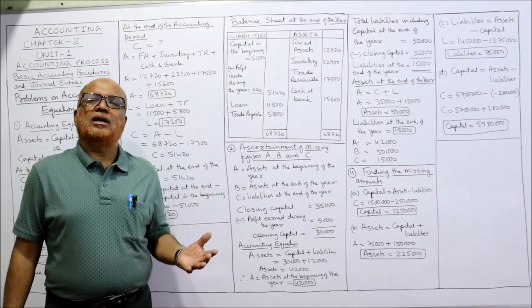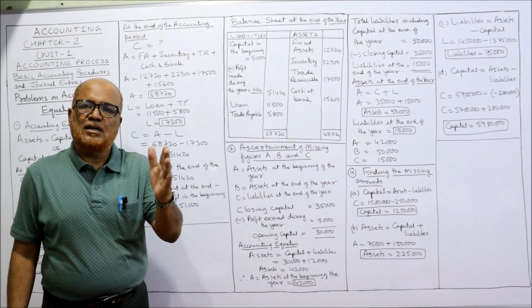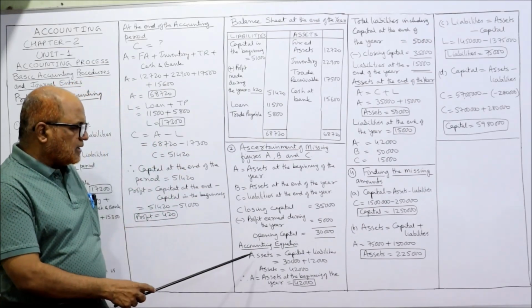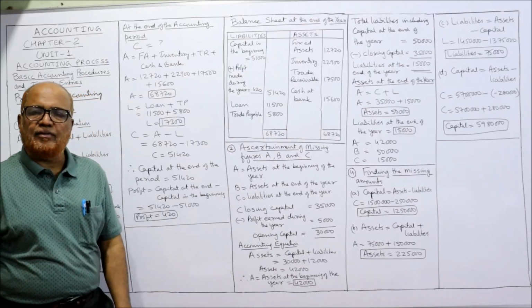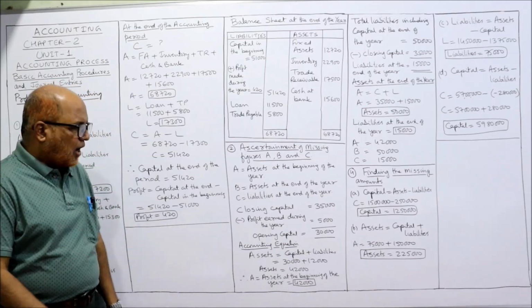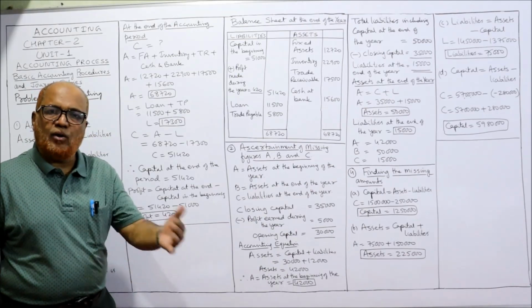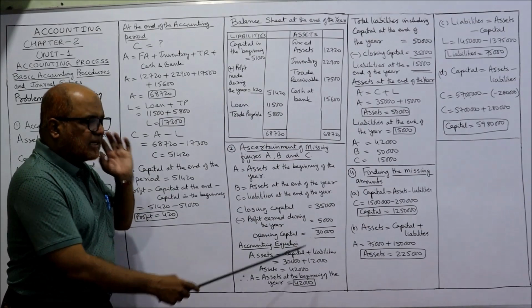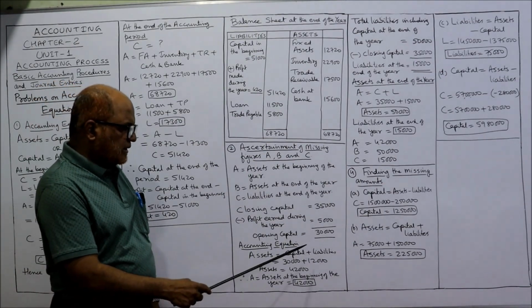Now we know the accounting equation. Assets is equal to capital plus liabilities. So here I am writing assets is equal to capital plus liabilities. We need assets. How much is the capital at the beginning of the year? Opening capital is 30,000.